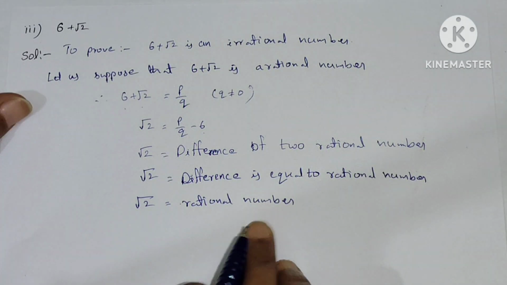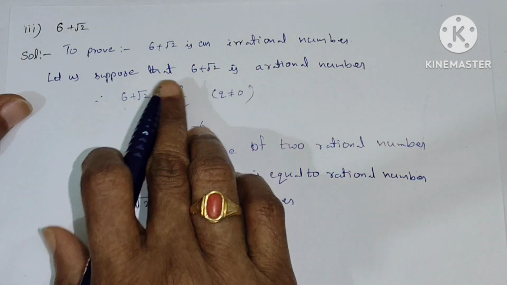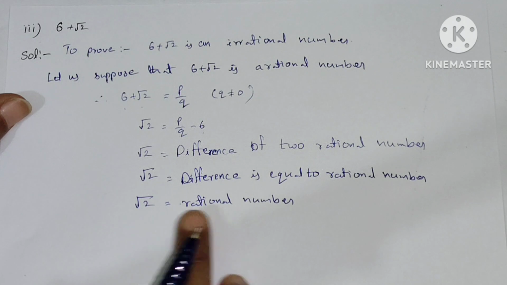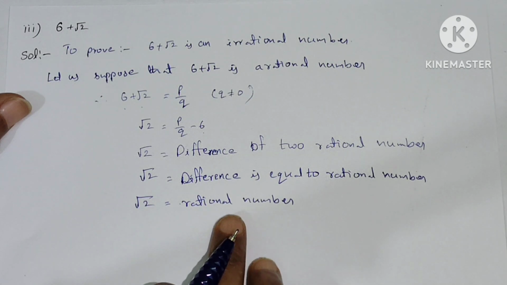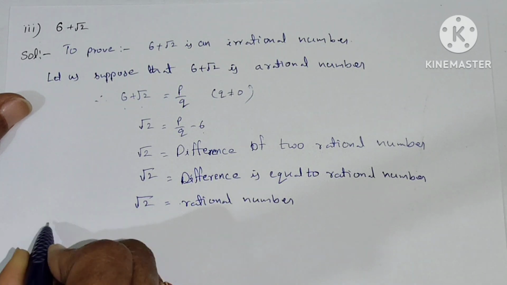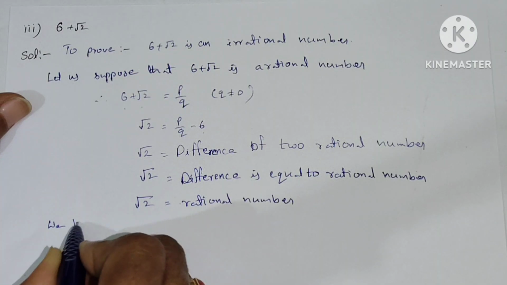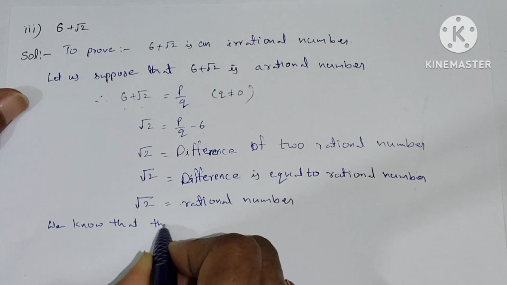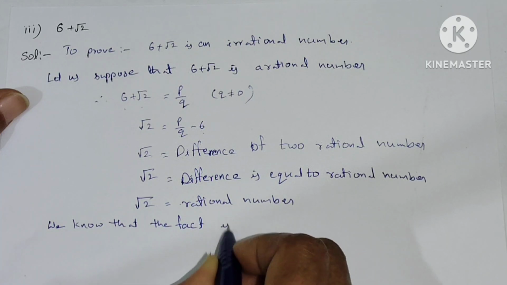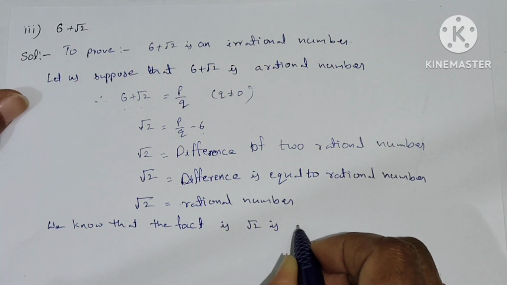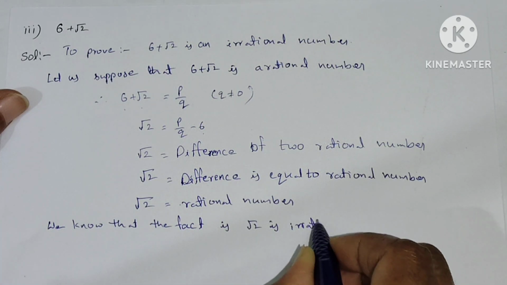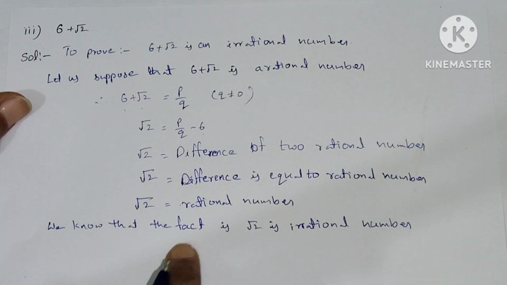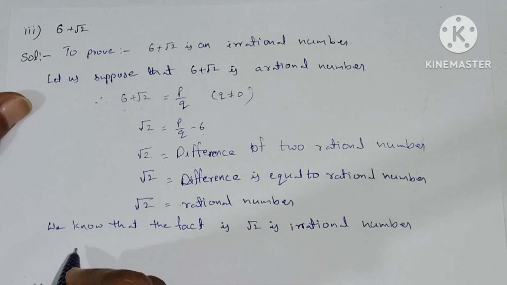But we took 6 plus root 2 as a rational number, which makes root 2 rational, while we already know that root 2 is an irrational number. So our assumption is wrong, that 6 plus root 2 is a rational number.